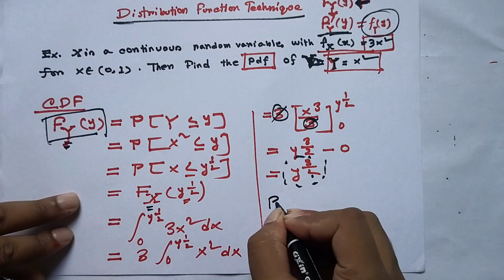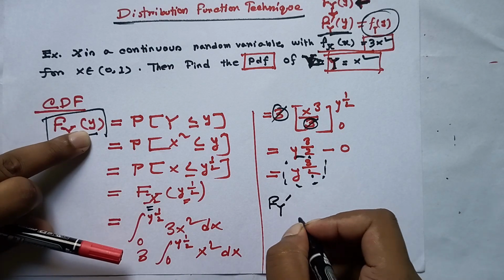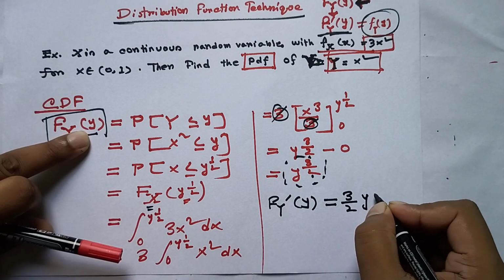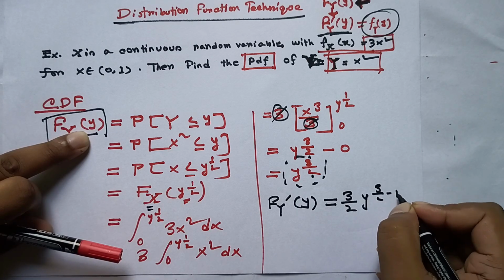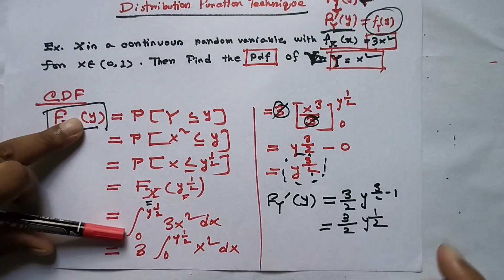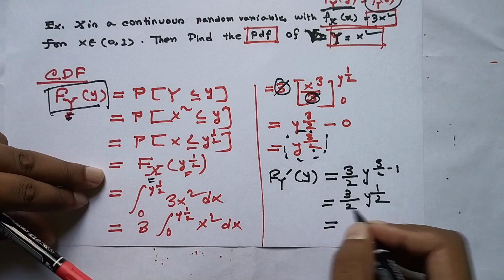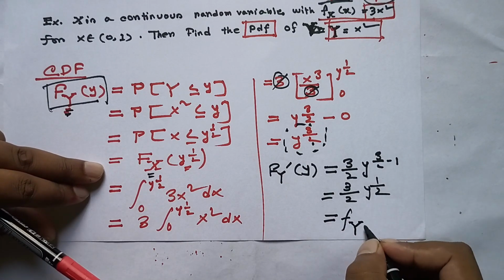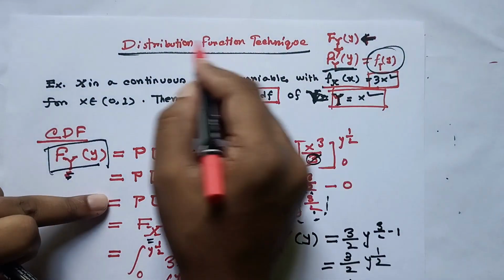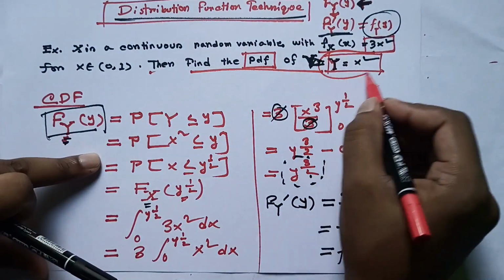So if you differentiate that, we get 3 by 2 y to the power 3 by 2 minus 1, which is 3 by 2 y to the power half, and that is actually our PDF of Y. So using this distribution function technique, we successfully found the PDF of Y equal to X squared.